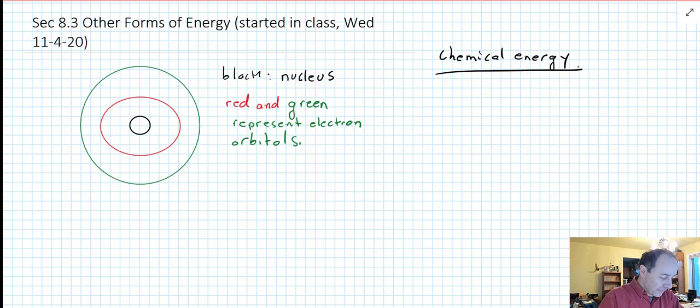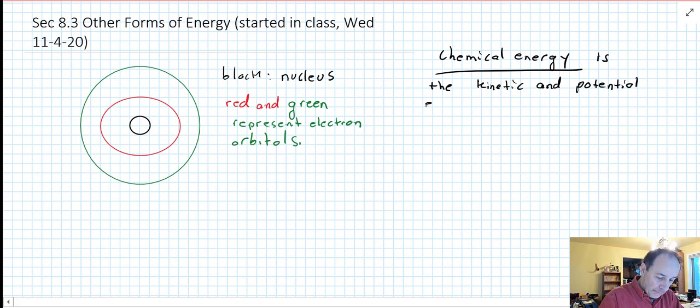Chemical energy is the kinetic and potential energy of electrons in atoms.